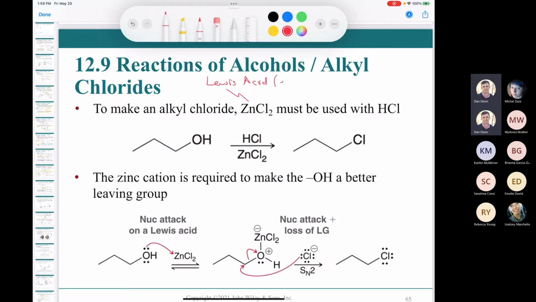And you might remember that the definition of a Lewis acid is an electron acceptor. So when the Lewis acid gets attacked by the hydroxyl, which is a nucleophile, it ends up making a positive charge on the oxygen in the zwitterion, which renders the alpha carbon more electrophilic.